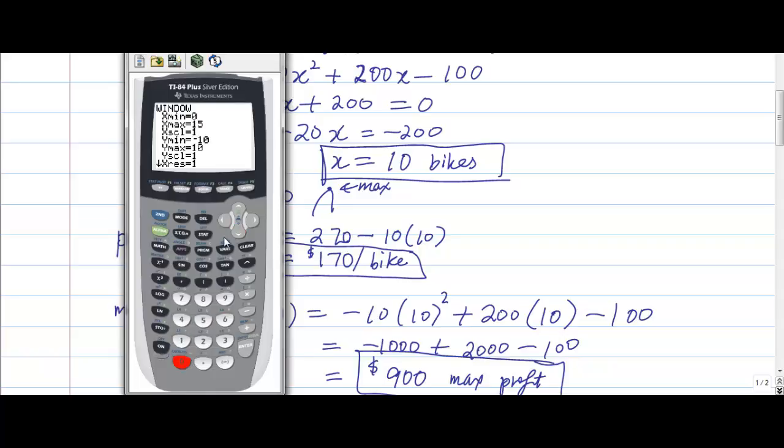And my Y min should go from 0 to 1,000. That's the profit. And then for the profit function, let's go by hundreds. Okay? And let's graph this guy. My max should occur when X is 10. Trace 10. There we go. So the max is 900. So you can check your work. That's the good thing with technology.